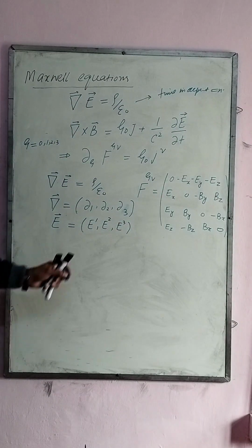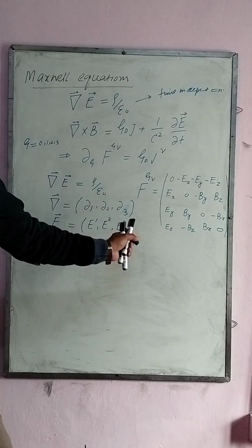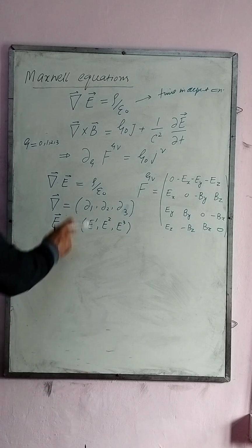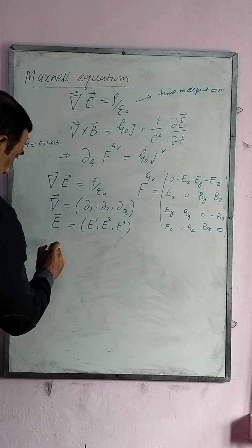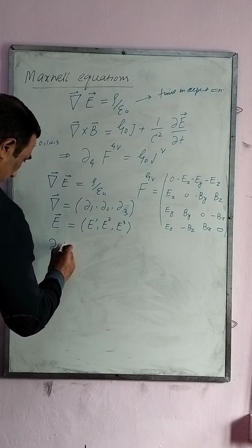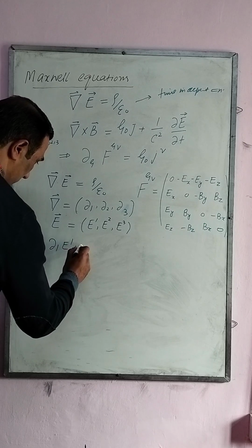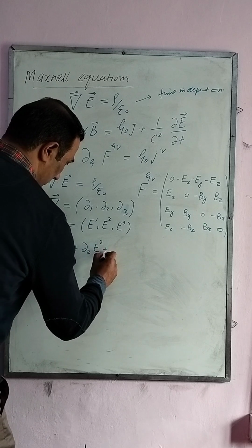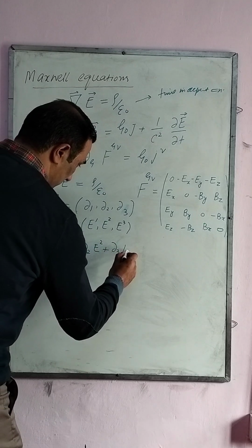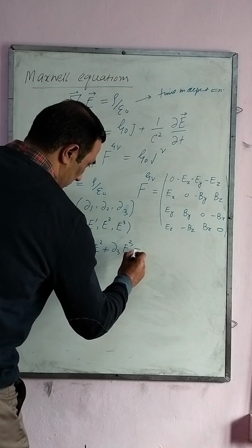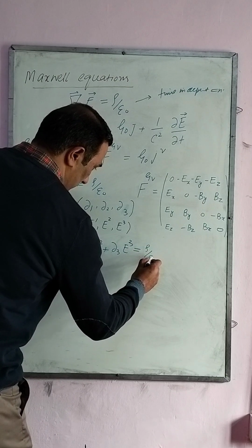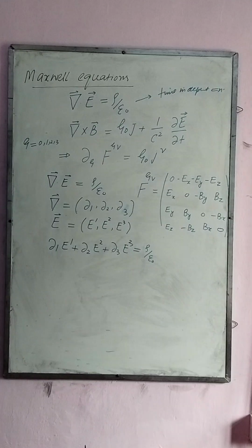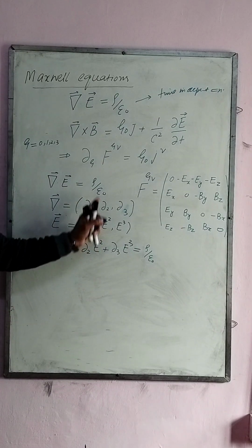Okay. So these are the three components of that electric field, right? If I combine them, you will get partial one E1 plus partial 2 E2 plus partial 3 E3, so this is rho by epsilon naught.